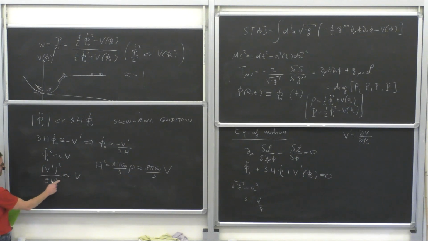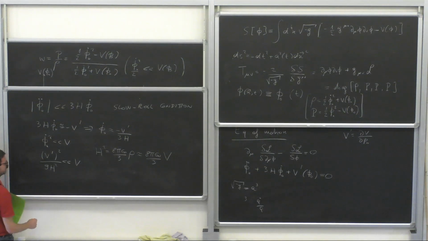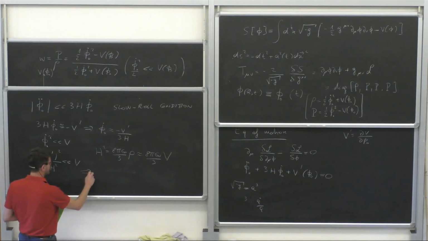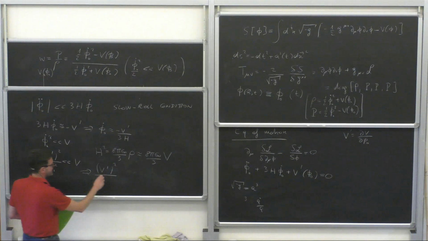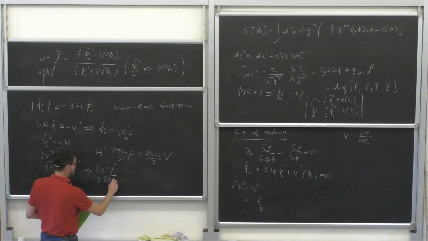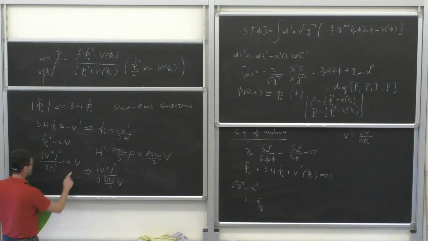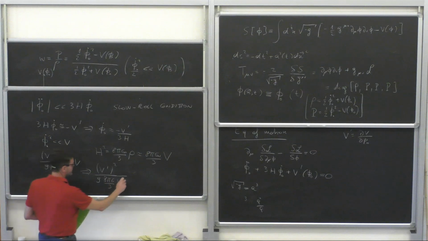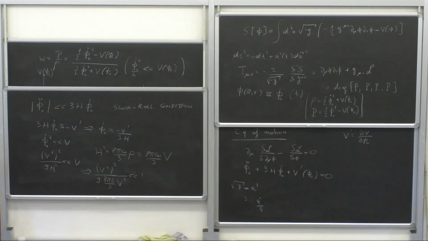Now I can replace this to see what happens to the potential. I get V prime squared divided by 9, H squared I write as 8 pi G Newton divided by 3 times V. I have another V here, so I put a V squared here, and this has to be much smaller than unity.